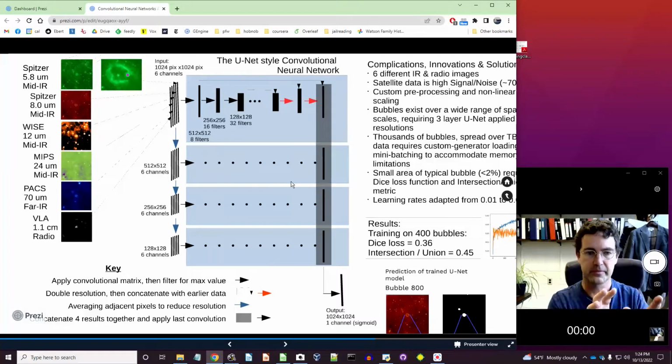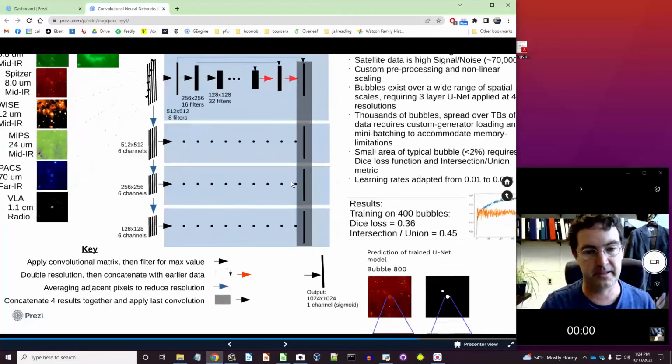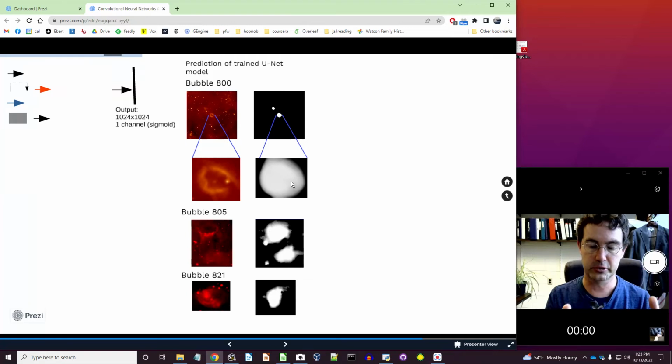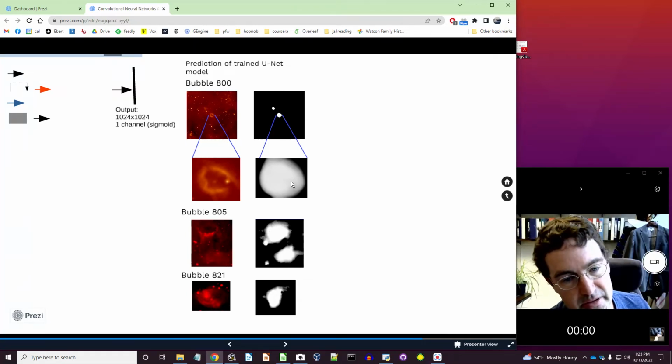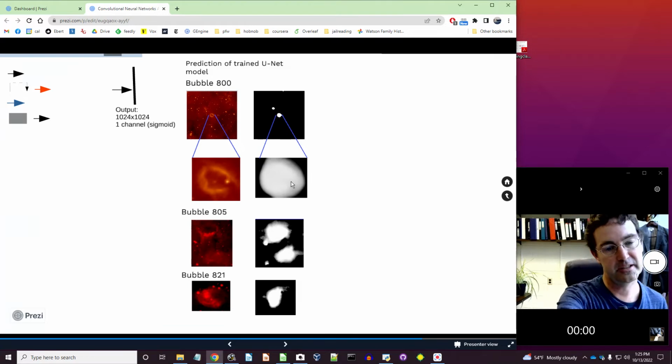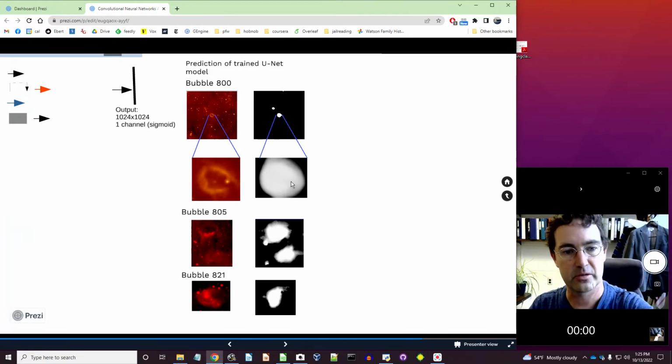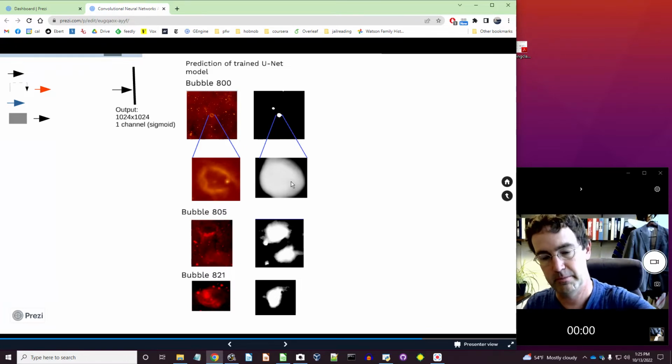So we trained, from the human identified bubble catalog, on some of the best bubbles. And what you see as a result of that is shown here. The image data is shown on the left. So for example, bubble 800, you can see that's what we started with. This is just one frame of the 6 different colors which I showed earlier.